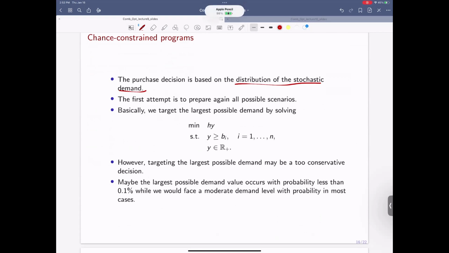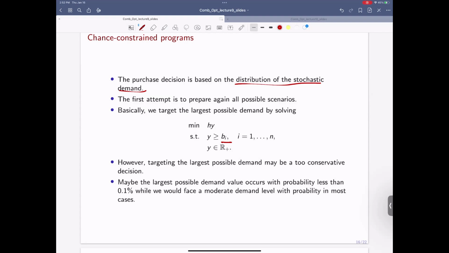Your first attempt is a robust approach. That is, you look at all possible realizations of the stochastic demand and you prepare for the maximum. So you prepare against the worst case scenario, which happens when the maximum possible demand occurs. My decision is to target the maximum possible demand, and I prepare at least that amount.